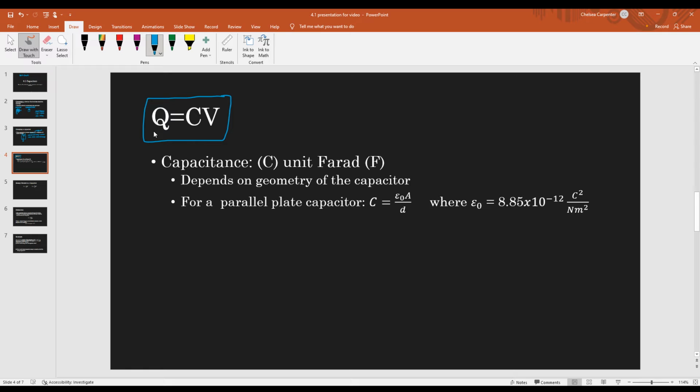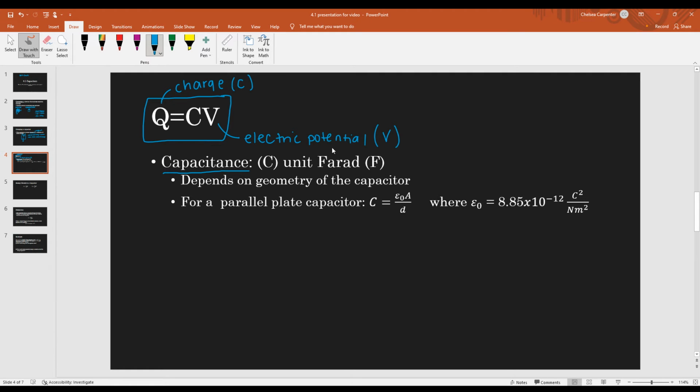So Q, again, is charge, the amount of charge that's collected. And that's in coulombs. V is electric potential. And that's measured in volts. And C is a new measure, and it's called capacitance. Obviously, we use the capital letter C, and the unit is a farad.